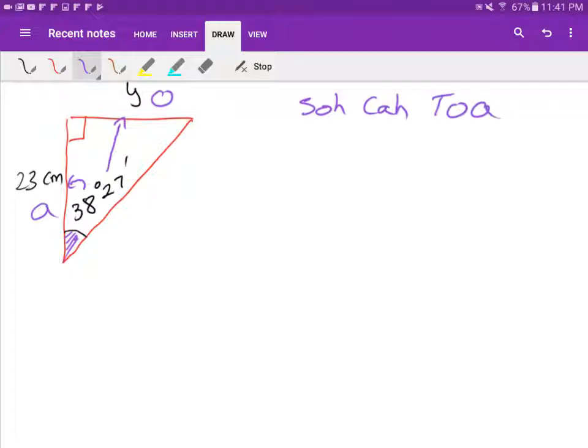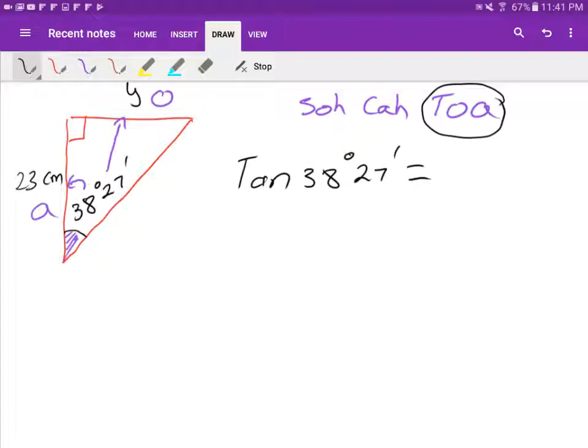Now we've got O, we've got A, so therefore it is TOA. Then we just follow. T stands for tan of whatever that angle is. In this case it's 38 degrees 27 minutes, equals opposite. Opposite is y, over adjacent, which is 23.